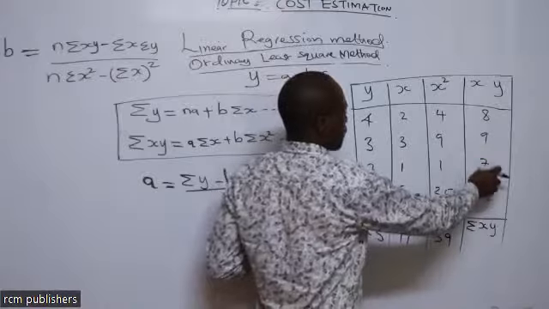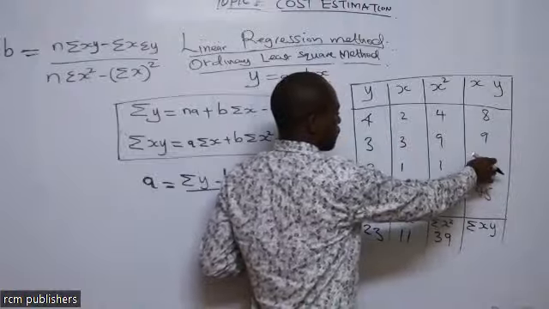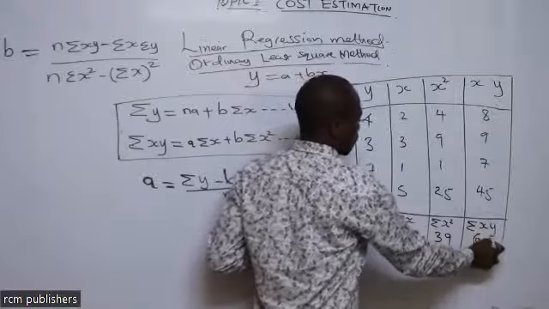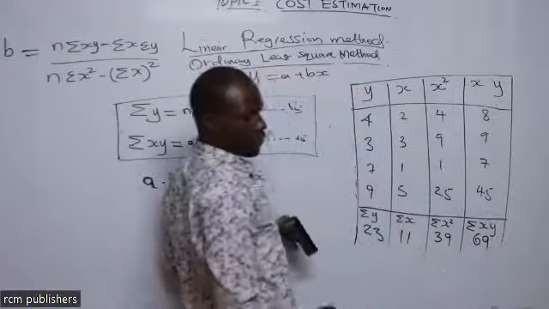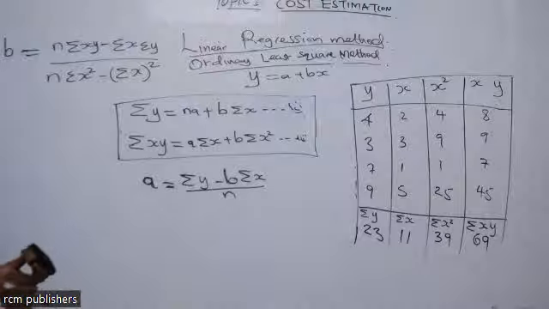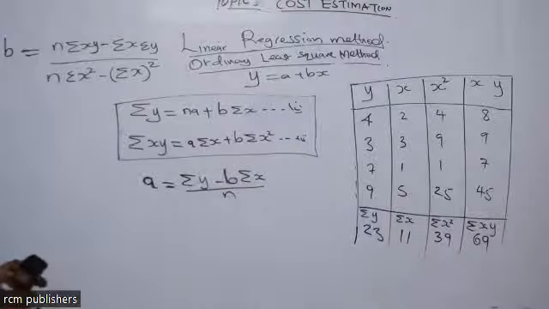Then if we add everything here, it will be 52, 61, 69. Confirm if those figures are correct before we proceed.